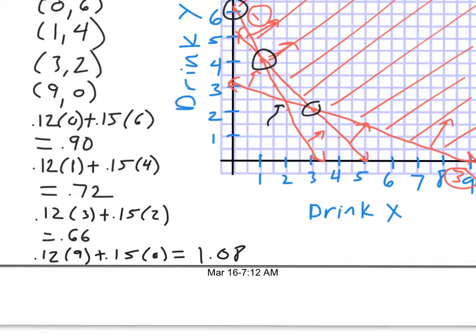So, just to wrap this up, 3 of x, 2 of y would lead to a minimum cost of 66 cents per person.